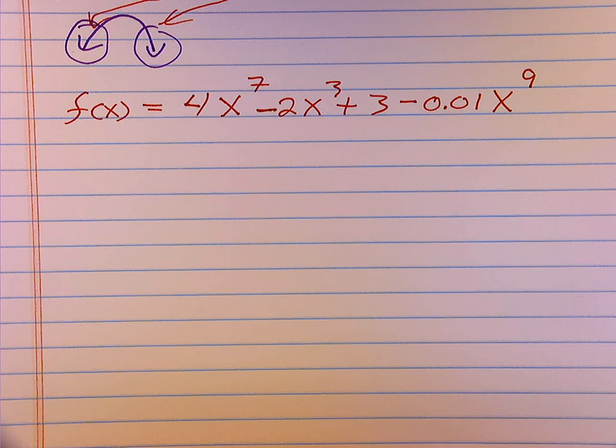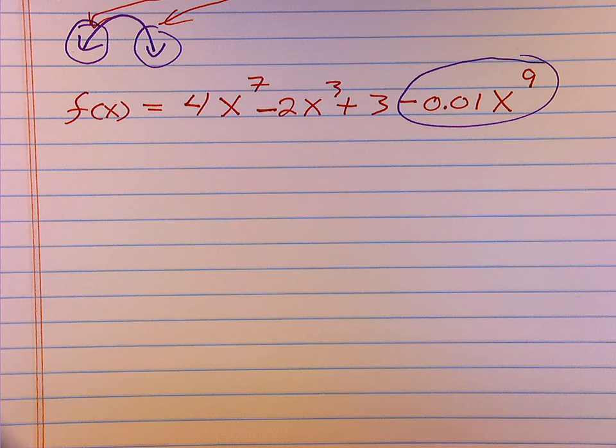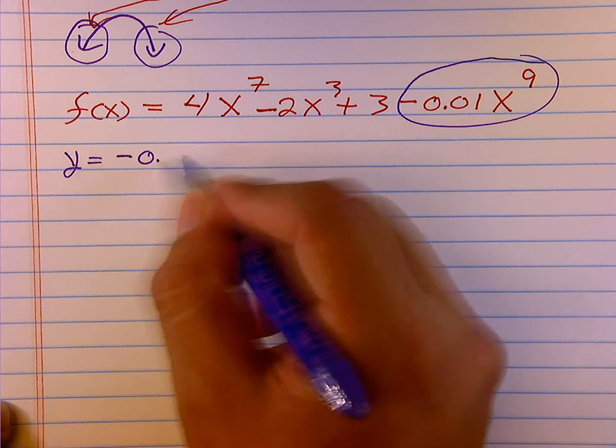First thing you need to identify is the lead power function, and this one is not in descending order. So to identify my lead power function, it's the one with the largest exponent, which means the left and right hand behavior of this polynomial eventually will look like this.